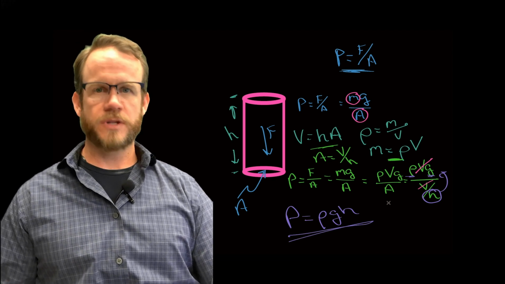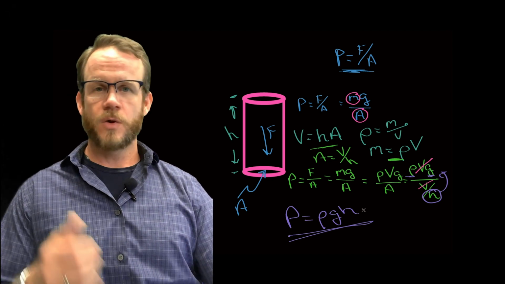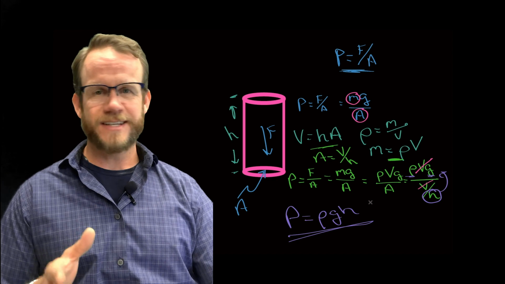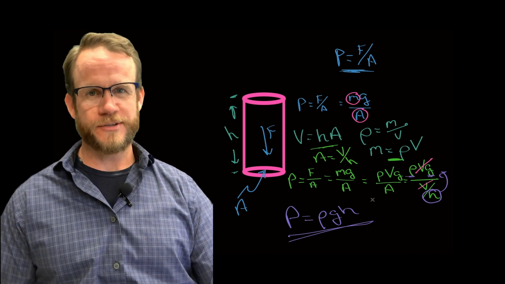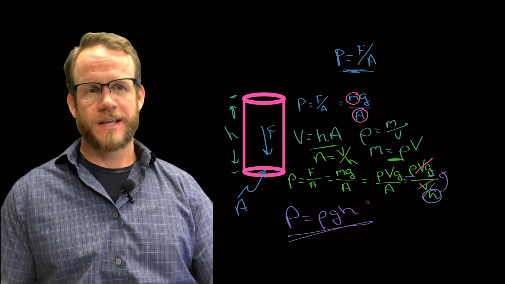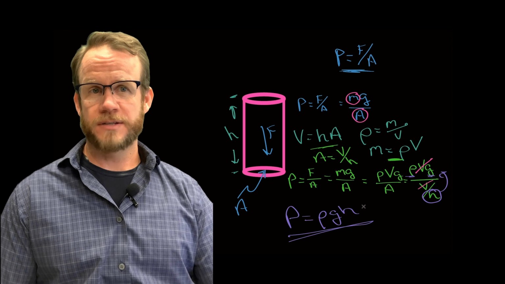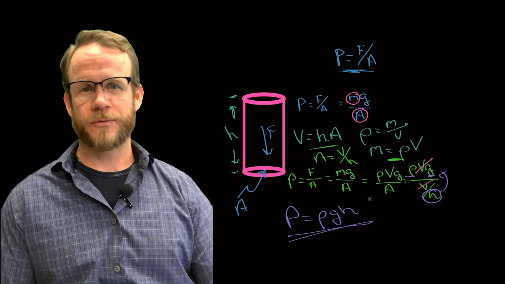And in most cases, when we're dealing with fluids, whether it's water or air, mostly water in oceanography, we're going to know the density. You guys have already seen the density doesn't change that much in the ocean. Gravity, we're on Earth. If you go to some other planet and do this, you're going to need another gravity. And then height is the thing. Instead of height, you could just say depth. So we're going to know what depth we're at, or vice versa, we can figure out what depth we're at.